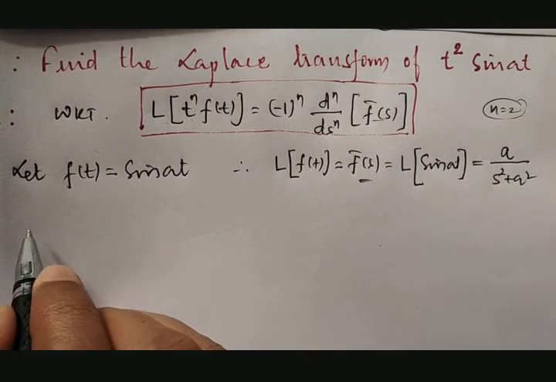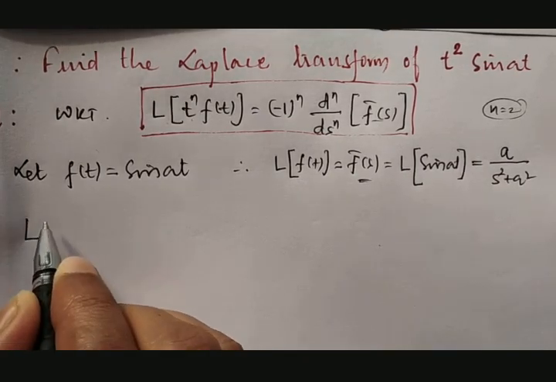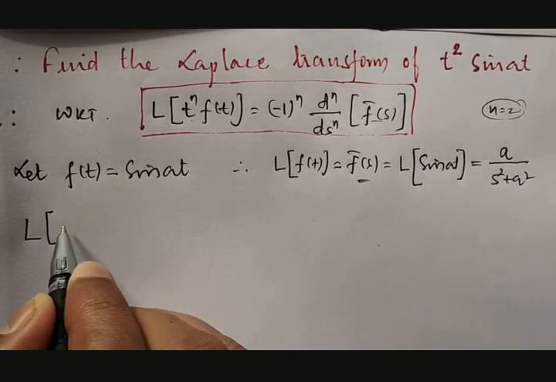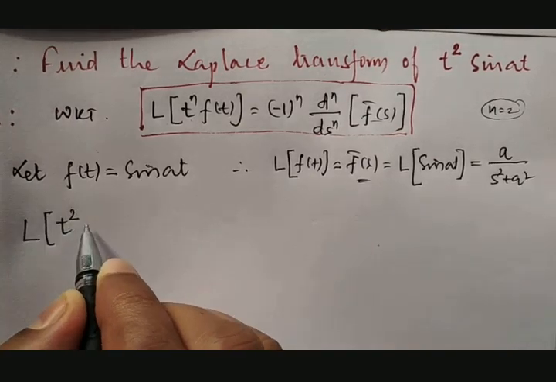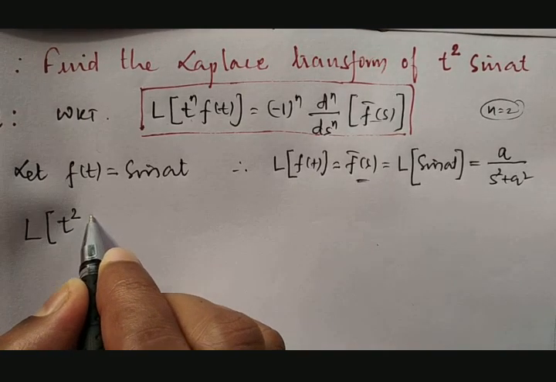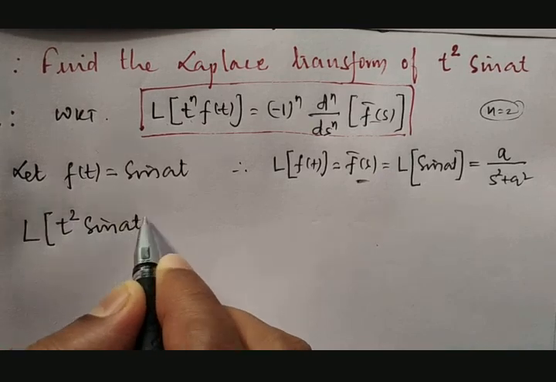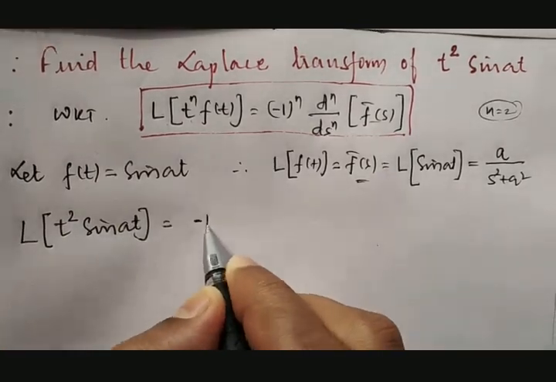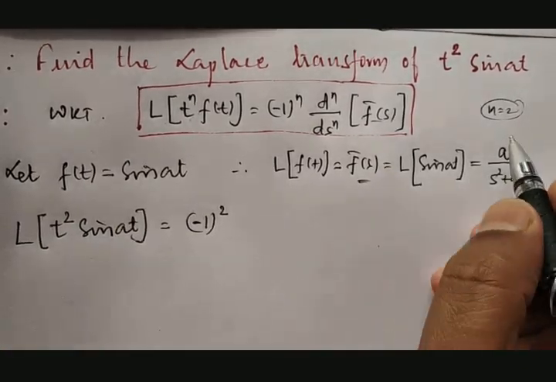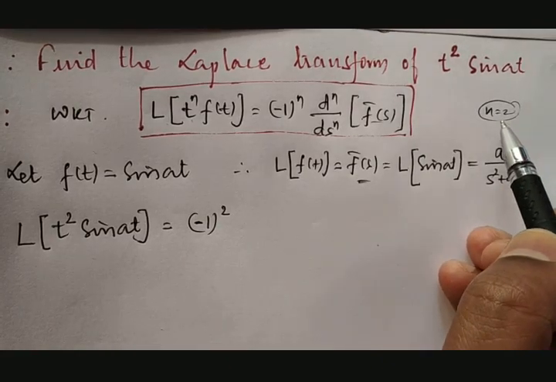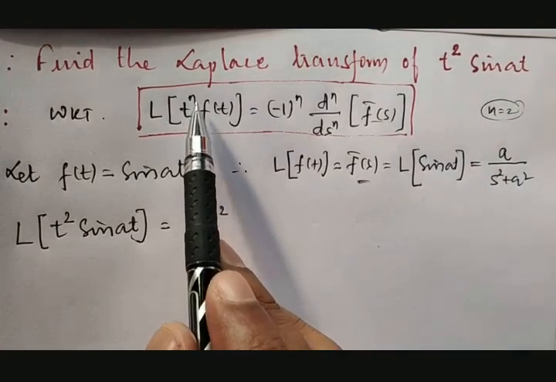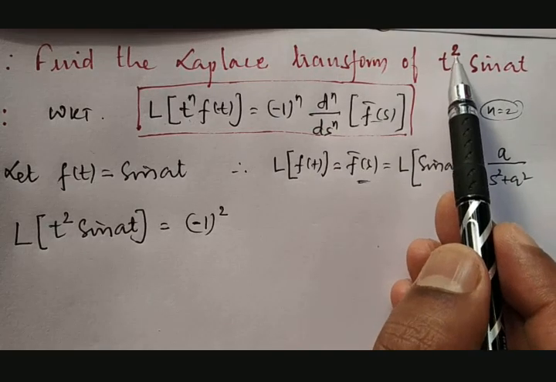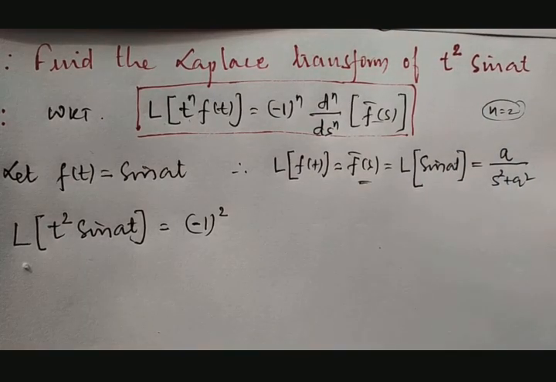Therefore, as per the derivative property, L of t square into sin at is equal to minus 1 raised to 2, because n is equal to 2. We have taken n from t raised to the power, so t square means n is equal to 2.